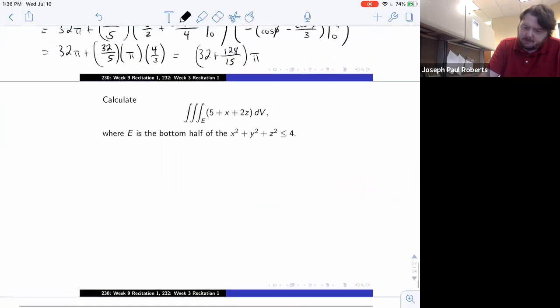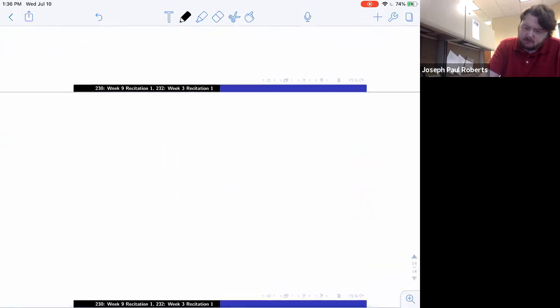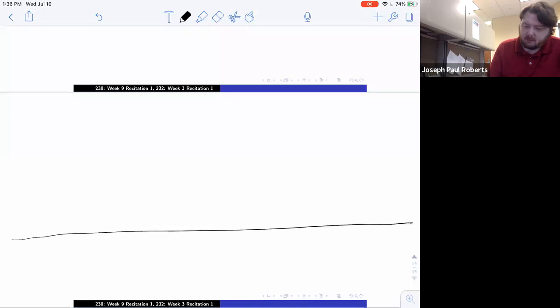So maybe down here, I'll show you the relevant identities. The cosine squared theta is 1/2 plus, and this we talked about back with polar, 1/2 cosine of 2 theta. Sine squared theta is 1/2 minus 1/2 cosine of 2 theta.